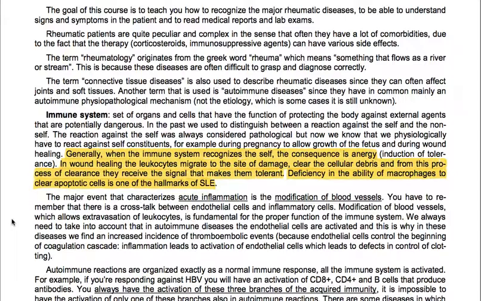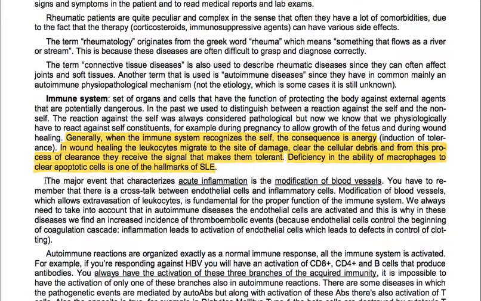The major event that characterizes acute inflammation is the modification of the blood vessels. You have to remember that there is a crosstalk between endothelial cells and inflammatory cells. Modification of the blood vessels, which allows extravasation of leukocytes, is fundamental for the proper function of the immune system.